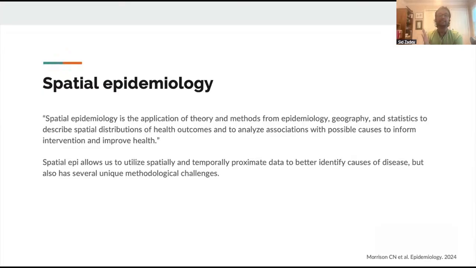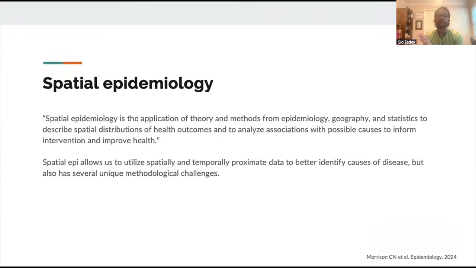So at least right now, we think that spatial epi is the application of theory and methods from epi, geography, and statistics to describe the spatial distribution of health outcomes and to analyze associations with possible causes to inform intervention and improve health.